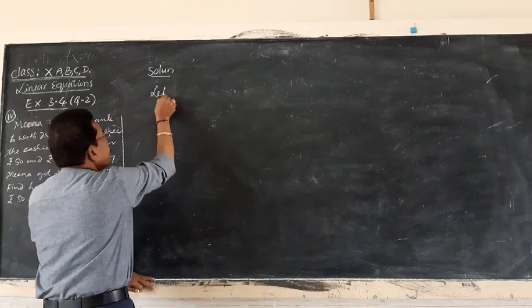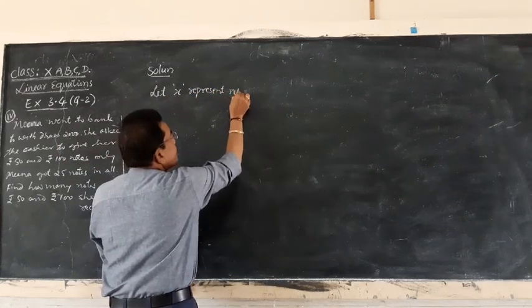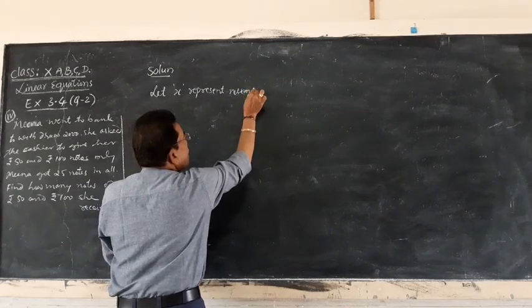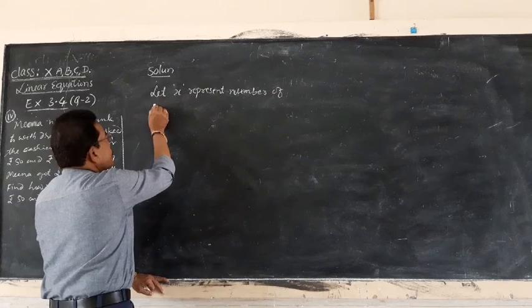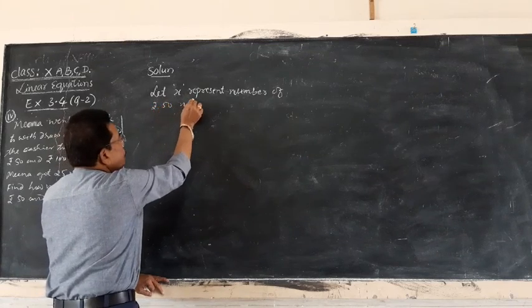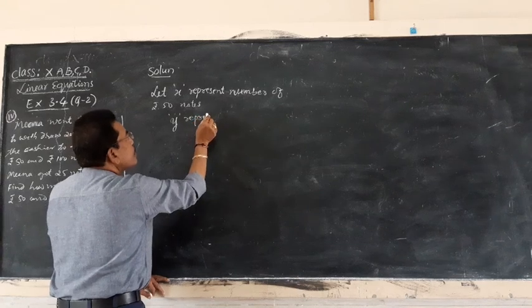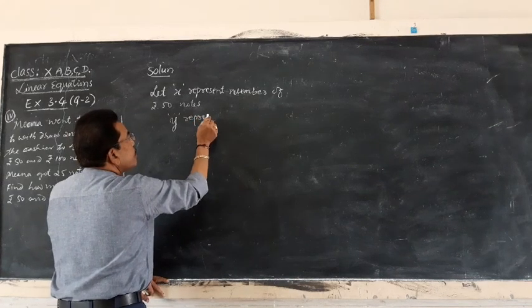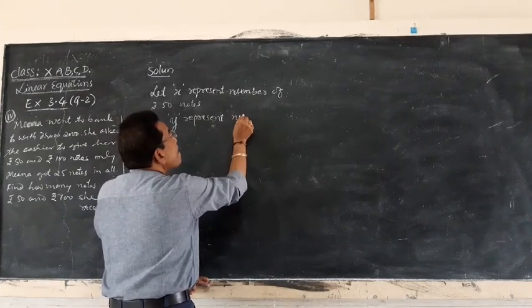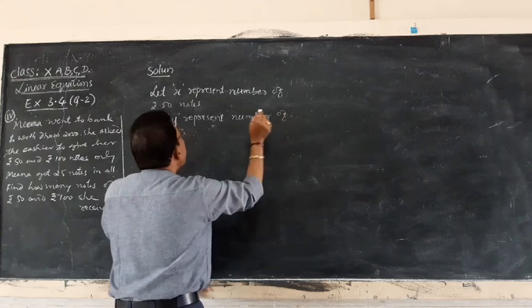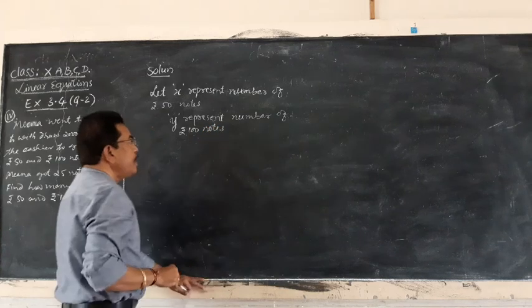Let x represent the number of rupees 50 notes and y represent the number of rupees 100 notes.